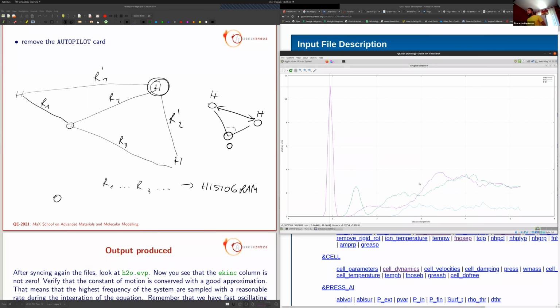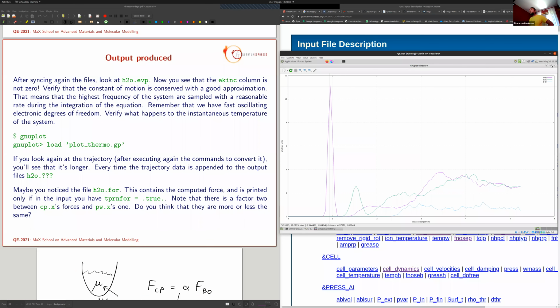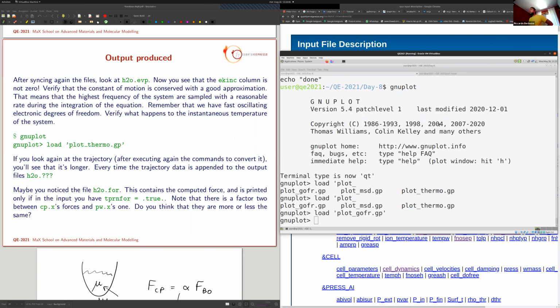So this is it, and at the end, you see there is a lot of noise. The simulation is very small, and you cannot have large statistics for these simulations. So this is noise. Then we can have a look at the mean square displacement. Then I will finish. It's almost the end.